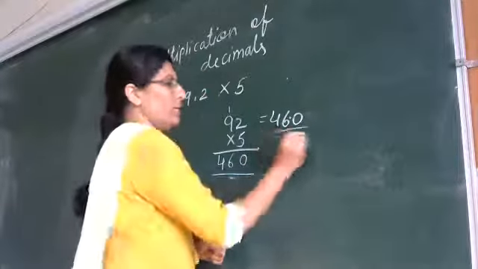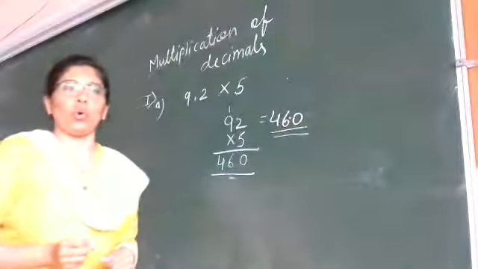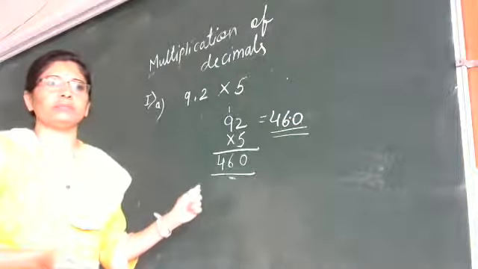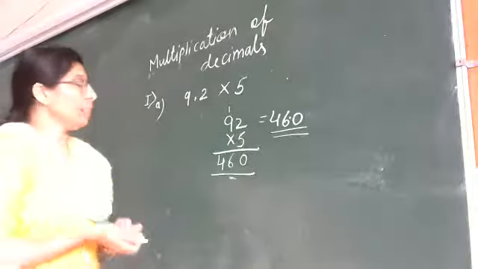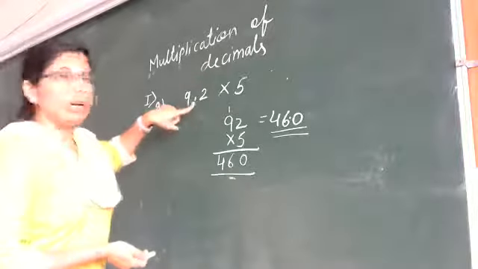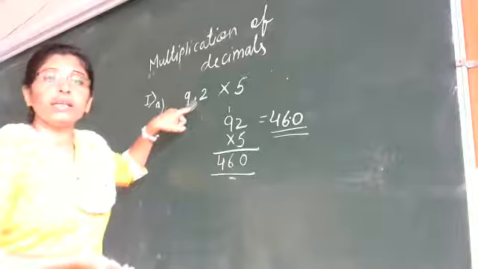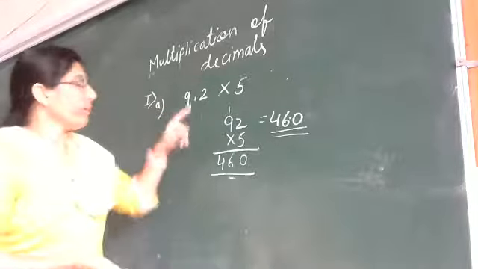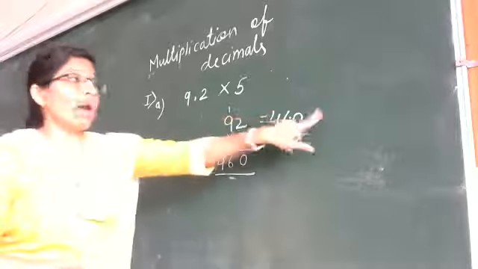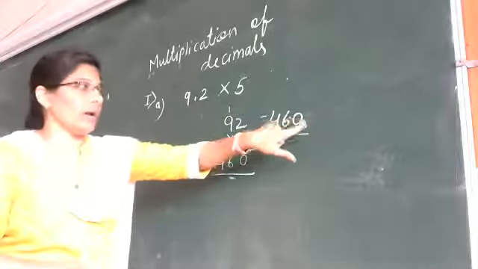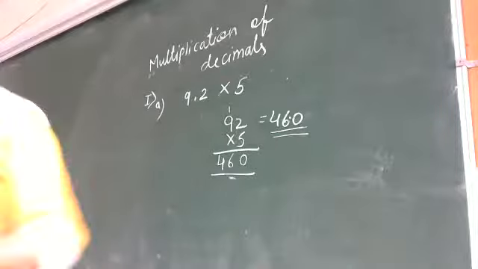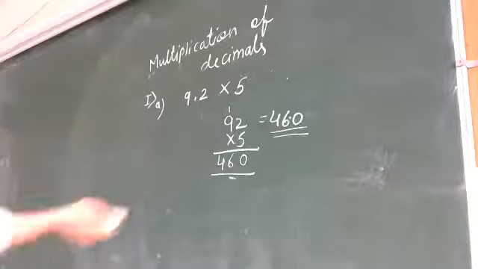So the answer is 46.0. Got it? Yes, ma'am. So we have to see after the decimal point how many digits are there. If one digit is there, from the right side we count one and put a decimal point. Okay, we'll take some more examples.